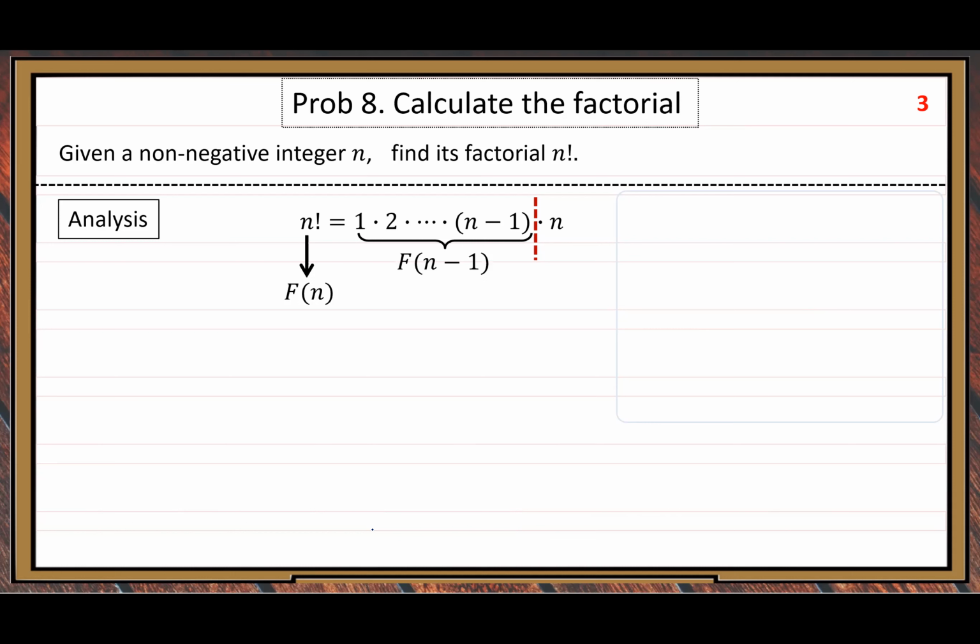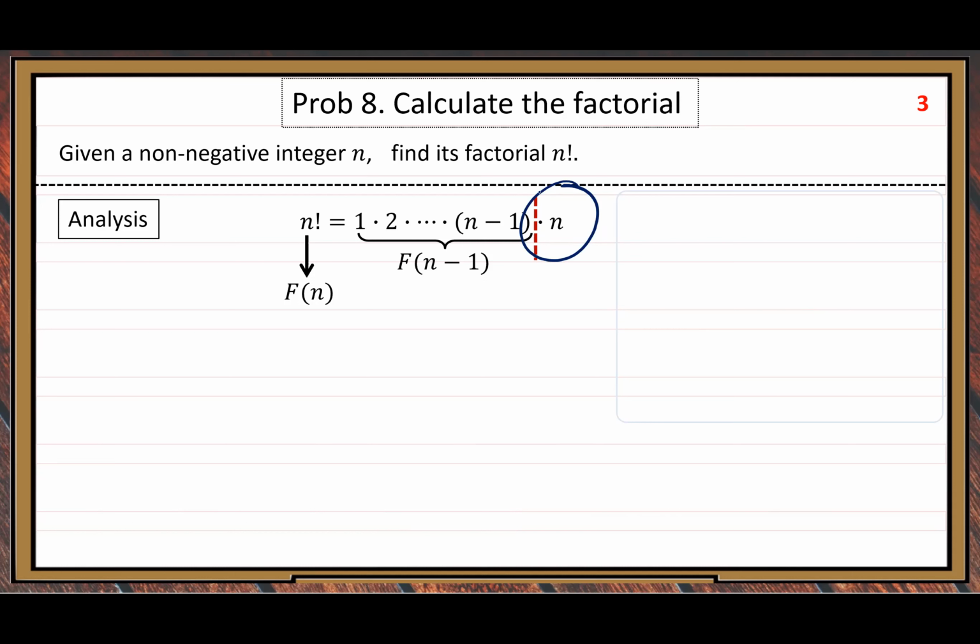We can assume we have the answer of f of n minus 1. So if we have f of n minus 1, how do we get f of n? There is a gap between them. What is the gap? The gap is this operand n.